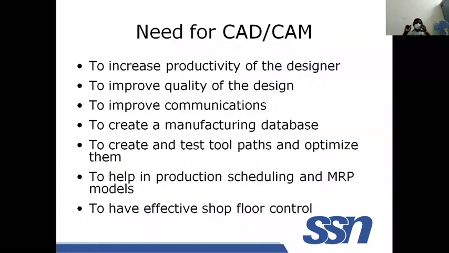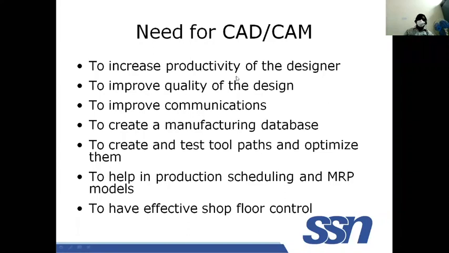So, the need for CAD CAM is to increase the productivity of the designer. Long back, if you take any four-wheeler, only the color was changed by the company. Without CAD CAM technology, changing the shape, size, etc., is a very tedious process.